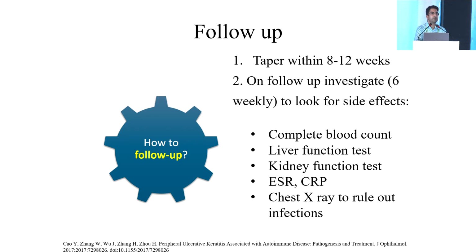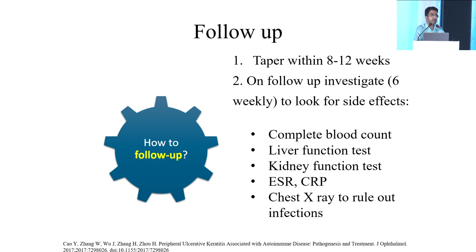These can be followed up depending upon the severity of symptoms. If you think that the patient has severe symptoms, you call the patient very frequently and assess the response weekly, or after 3 days if the patient has an impending perforation. And on follow-up, you have to investigate and look for systemic side effects with complete blood examination, LFT, RFT, as well as ESR and CRP, and chest X-ray to rule out infections.